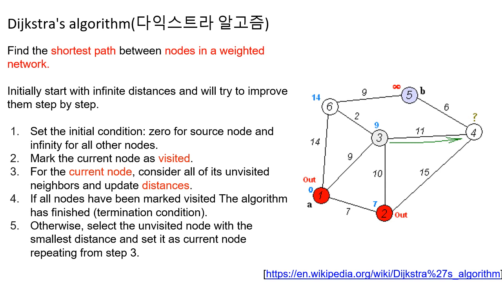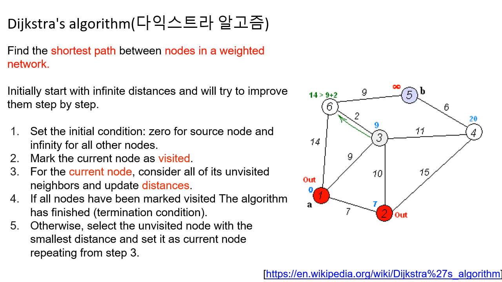However, if all nodes have been marked visited, then the algorithm has finished; that is the termination condition. In this case, you can see 1 is connected first to 2 because this is the least weight. This is a higher weight, so you connect this one and its infinite value changes to its weight value.